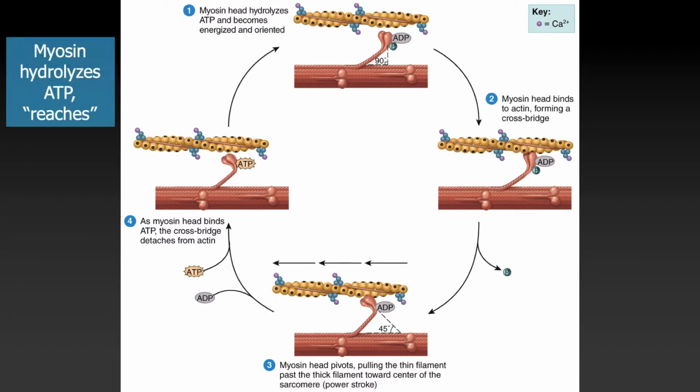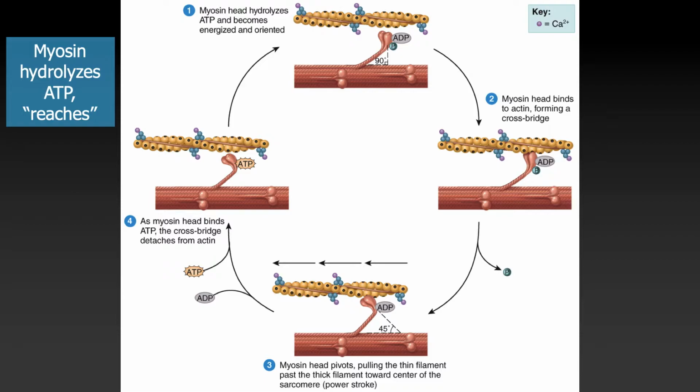The first thing that happens in a fresh myosin molecule at rest is it searches somewhere in the cell and looks for energy. When it finds that energy in the form of ATP, it binds it, and by binding ATP, it reaches. That's the cocking the gun analogy that was in the video.